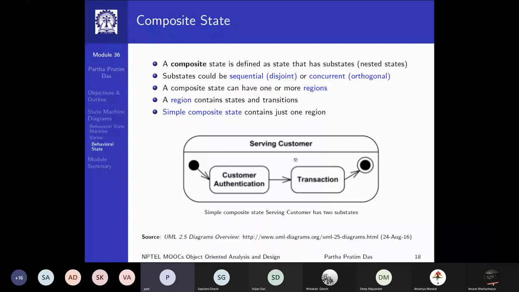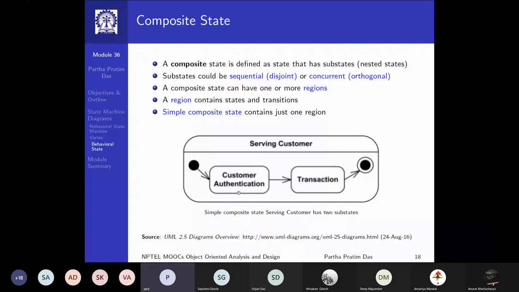You can first look at this diagram, where the state is serving customer. This is a simple composite state, which has what is called one region. These are called regions. So you're saying the state serving customer, where I start, and I have two sub-states here, which are nested. One is I get in and first do an authentication for the customer.